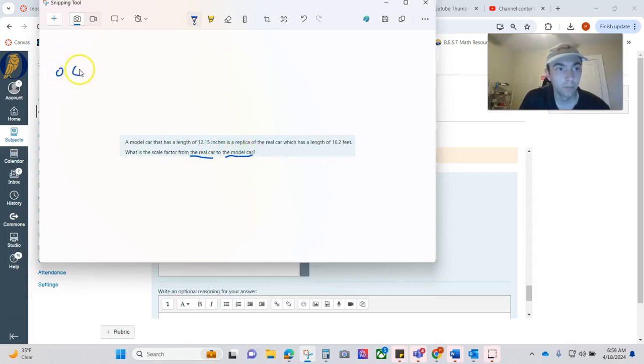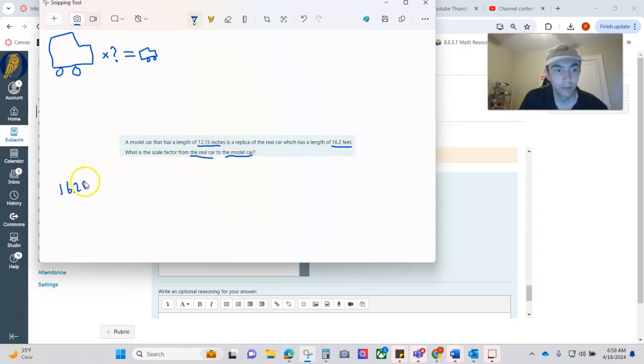So we're going from big car, the real car, times what? The scale factor equals the little car. Big car times what is the little car? So 16.2 feet times what is 12.15 inches?